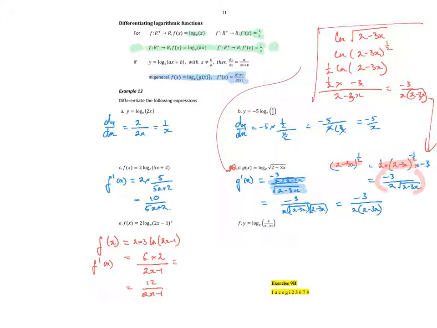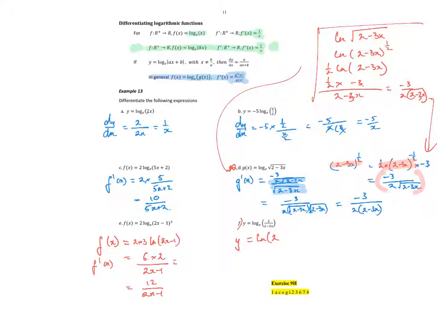So, example F, we have y equals. Let's rewrite it as y equals natural log of. Oh, we've got the 2 on top. What are we going to do with that? I was going to try and write it as 2 minus 3x to the minus 1, but I don't think we can get away with that in this case.